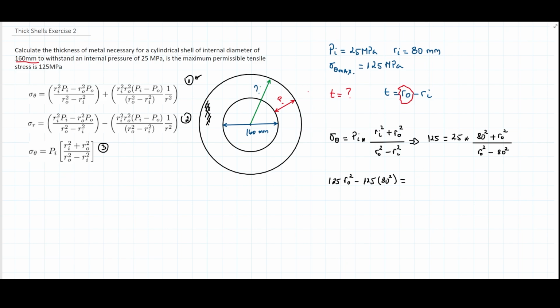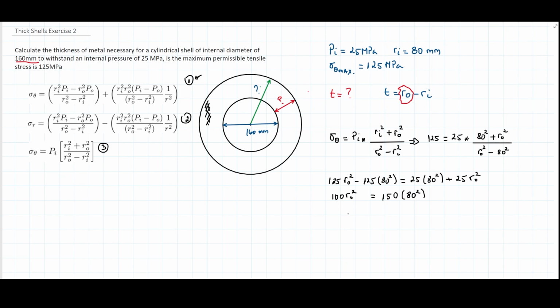And this equals what is left: 25 times 80 squared plus 25 times the outer radius squared. Now I'm going to put the outer radius terms to the left and the rest of the terms to the right. When I transfer the 25 from the right to the left, this is going to end up being this one here. And when I transfer the 125 from the left to the right, this term is going to end up being 150 times this much.